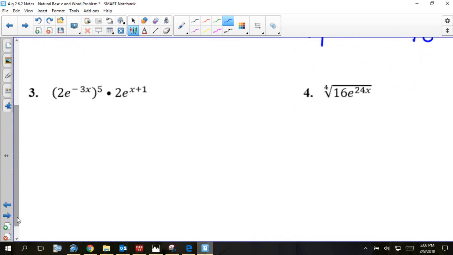3. I'm multiplying and I'm doing power. What do I do first? Power or multiply? Multiply or power? So am I going to write this 5 times? So there's a shortcut. What do I do to everything in here?